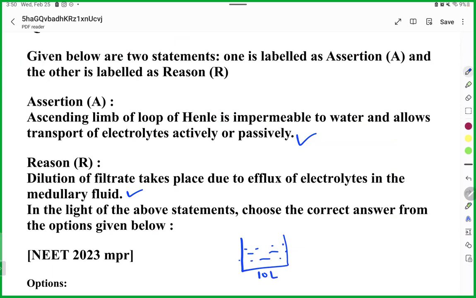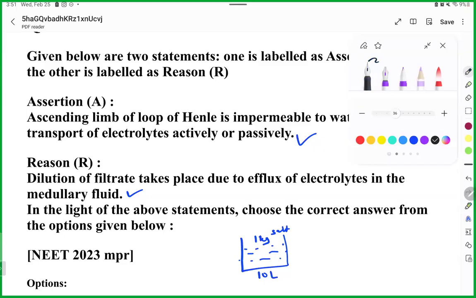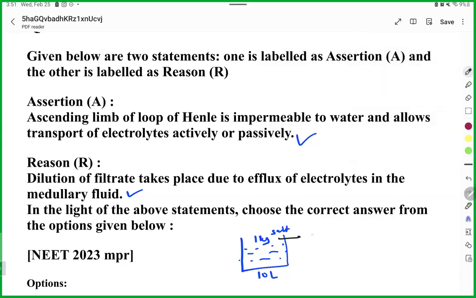Removal. If you have 10 liter of water and 1 kg of salt, electrolyte, so dilution will happen in this solution if you remove salt from this. Instead of 1 kg, if you have only 200 gram of same salt, what will happen to the concentration? Will it increase or decrease? Decrease. Exactly, that is dilution.